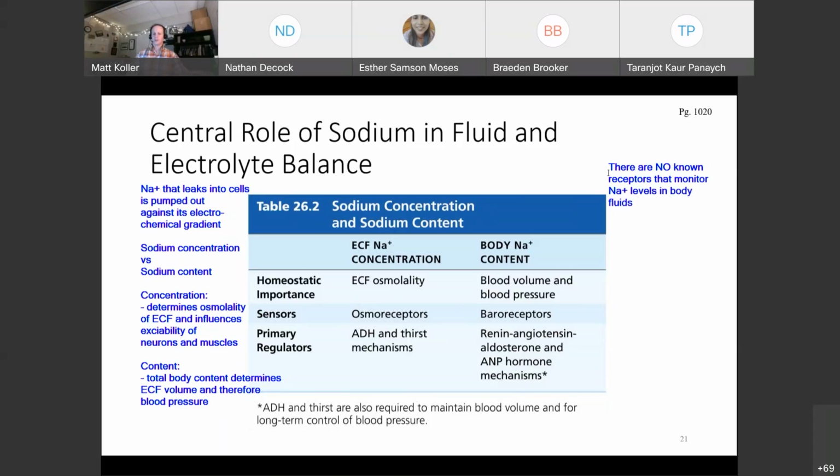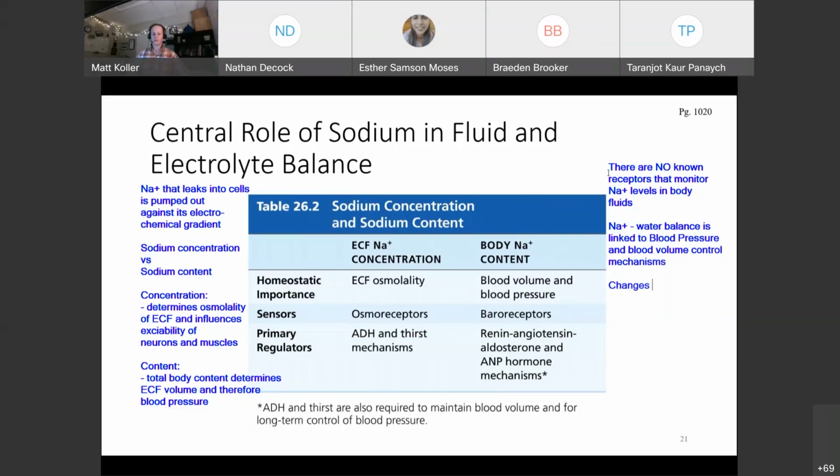Okay, but sodium water balance is linked to blood pressure and blood volume control mechanisms. So what does this mean? It means in your body, you don't have anything directly that measures how much sodium you have in your body. But because it's linked to blood pressure and blood volume, the body can monitor blood pressure and blood volume and then adjust according to blood pressure and volume.